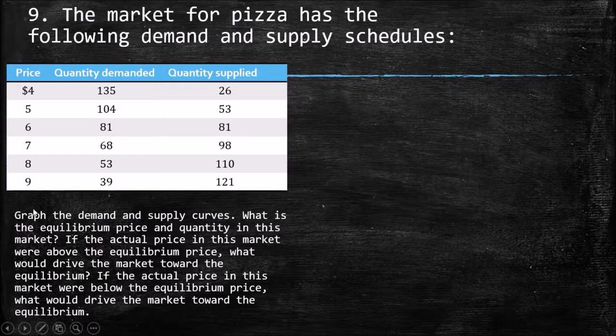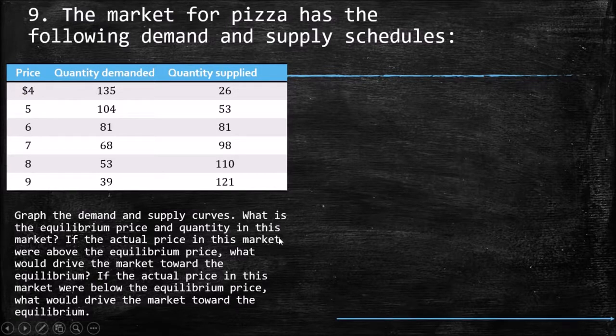So graph the demand and supply curves. What is the equilibrium price and quantity in this market? If the actual price in this market were above the equilibrium price, what would drive the market toward the equilibrium? If the actual price in this market were below the equilibrium price, what would drive the market towards equilibrium?